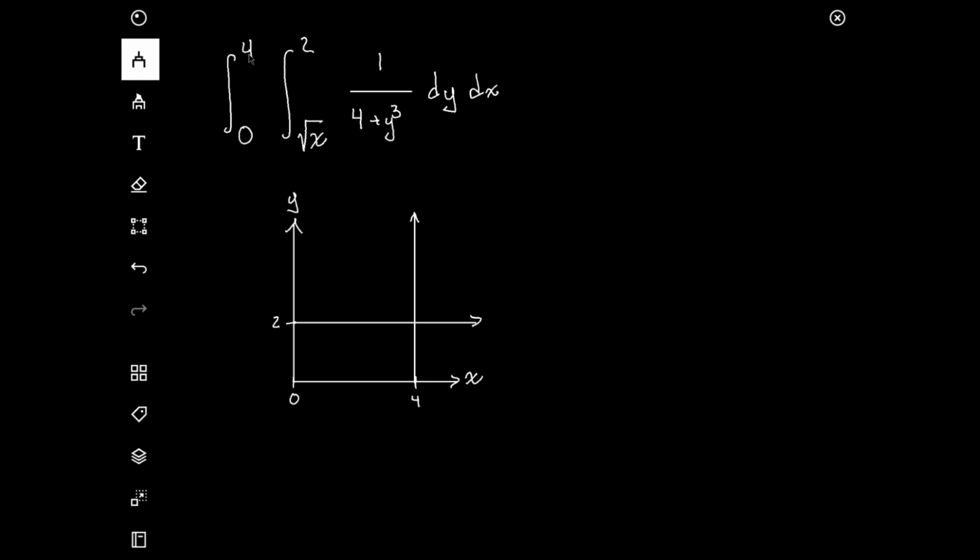This is not just 0 and 4. 4 is x equals 4. Then 0 is x equals 0. Okay, so what does that mean this is? This is y equals 2. And this is y equals square root of x.